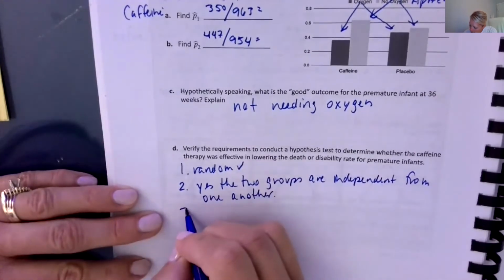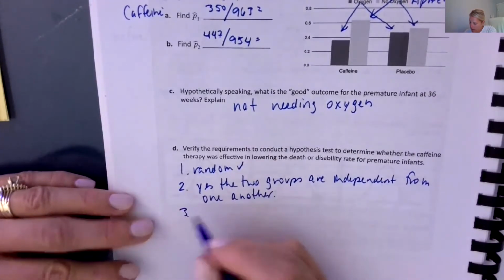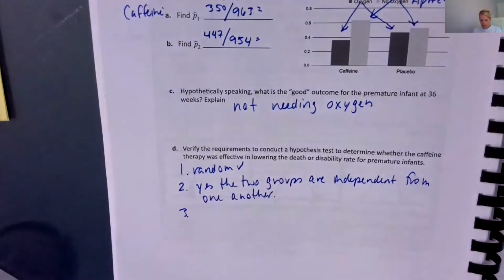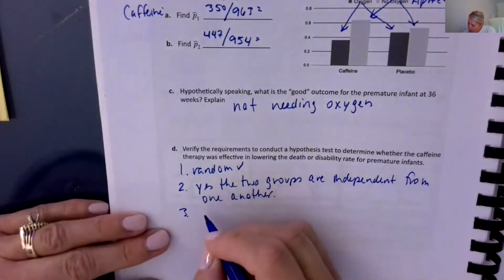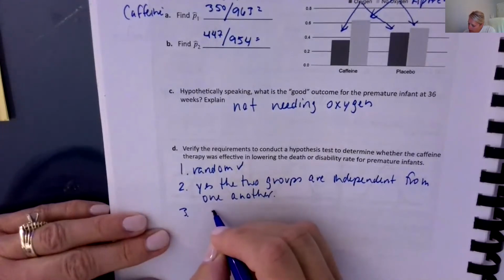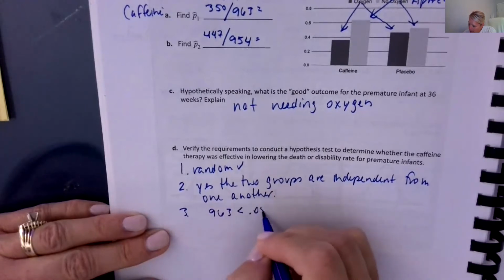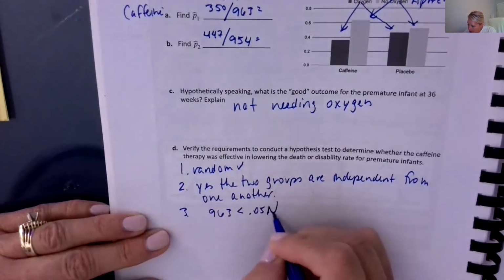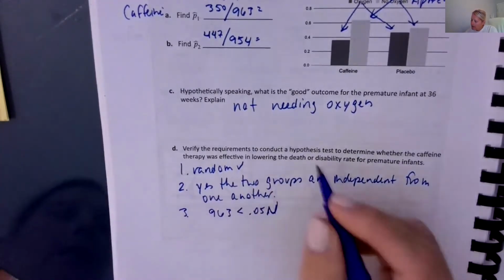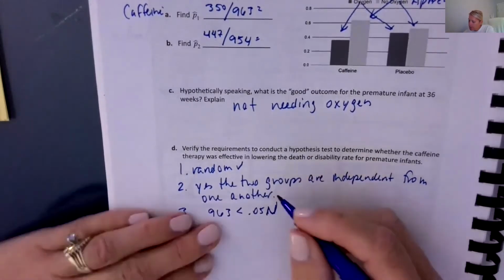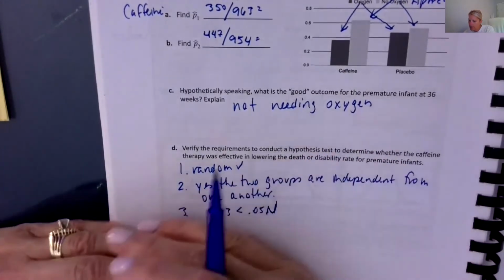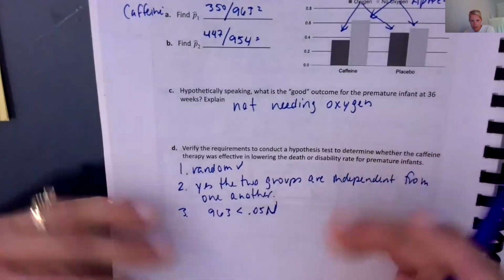The third one is we have to prove independence by themselves between each group. So the first group, there was 963. Is that less than 5% of the population of infants that didn't get caffeine? So we're just saying of all infants out there with apnea.